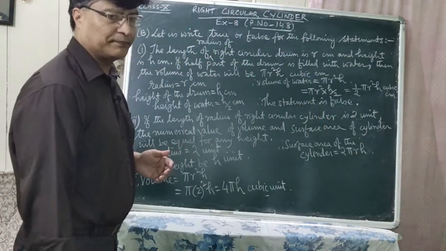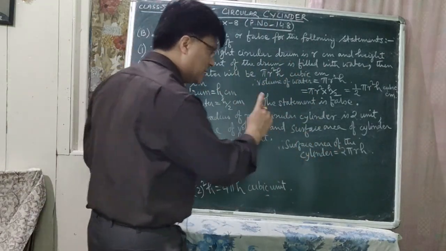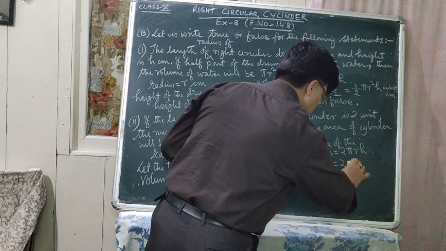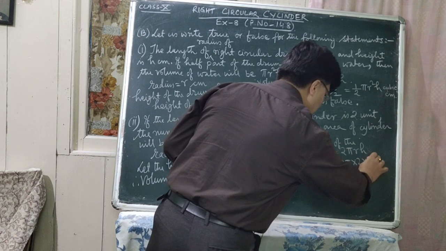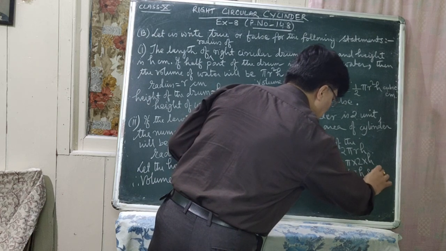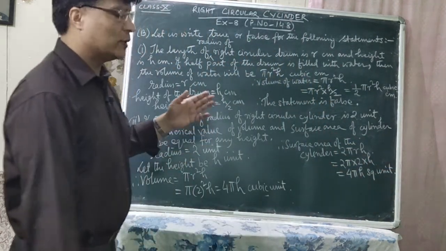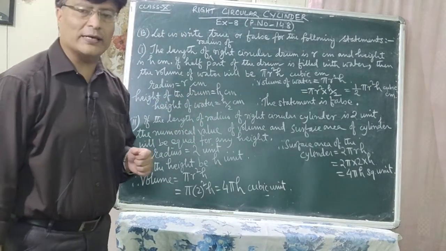This is the formula, right? So let us put the value for r, that is 2. h is h itself. So 2 pi into 2 into h, which is equal to 4 pi h. This is the area, so it is written as square unit. So it is 4 pi h square unit.